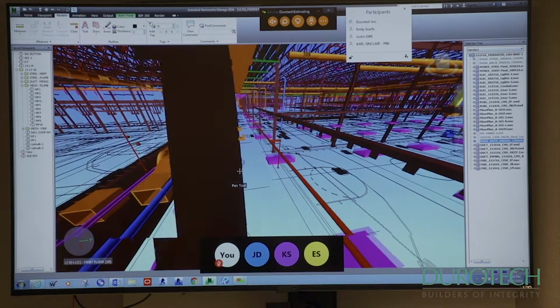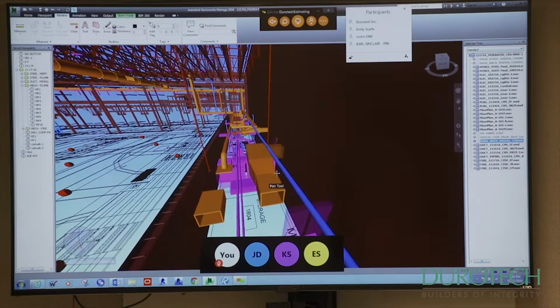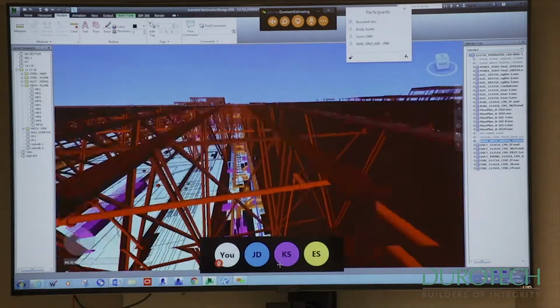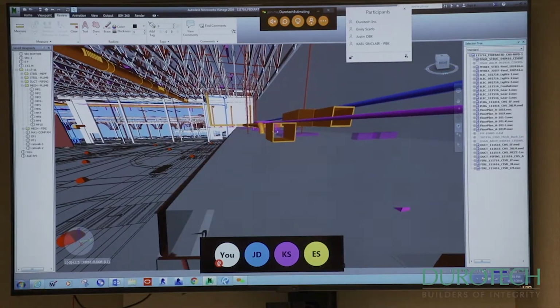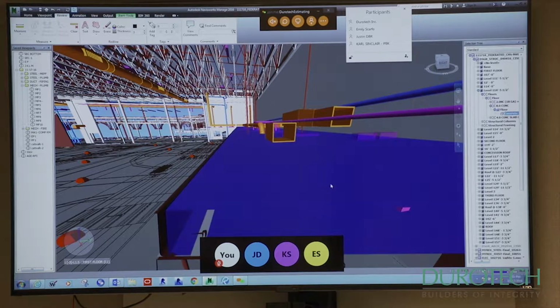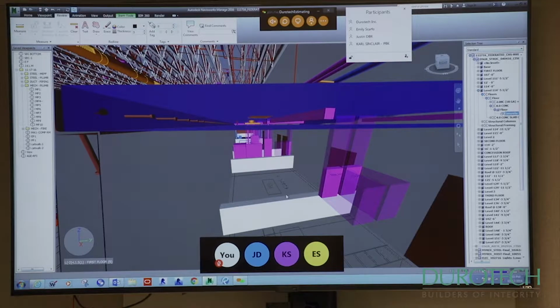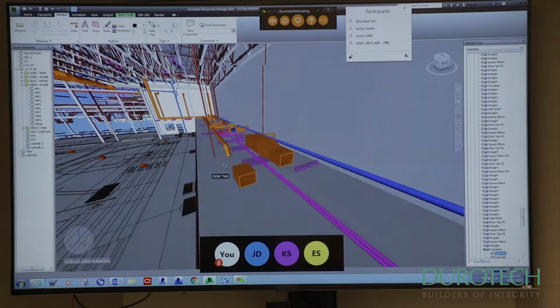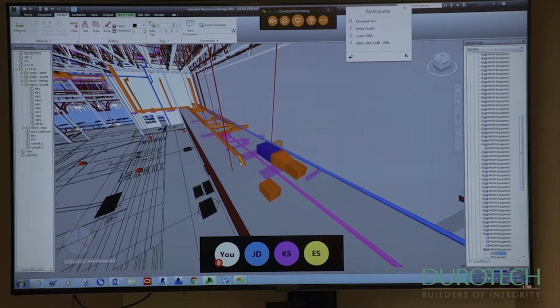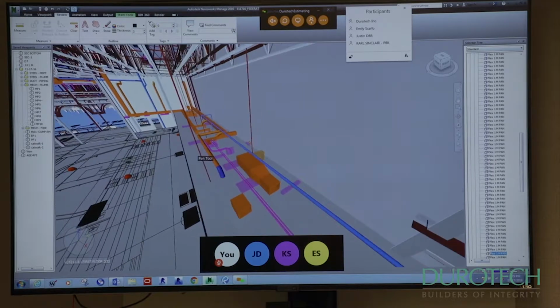So all of that is actually a concrete and CMU supported system. Okay. And so above, I think that area is a mechanical area, correct? Or a storage of some sort? Yeah, storage and laundry and stuff like that. Yeah, slab, that is. Okay. Yeah, we can't have openings like that in the slab.